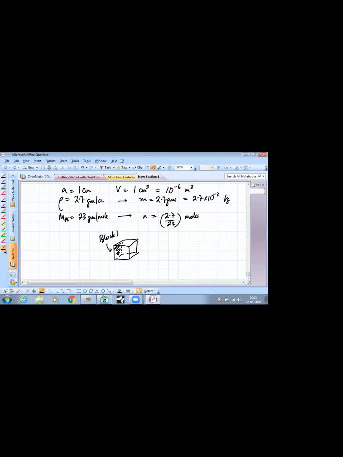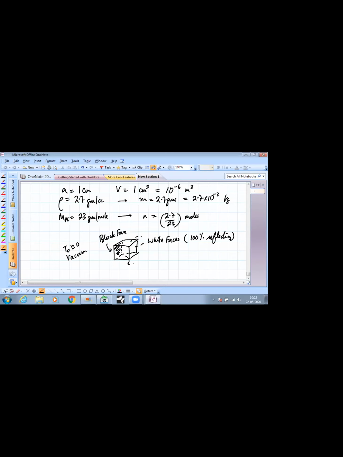So this is the black face, and the other 5 faces are all white faces, which are 100% reflecting. And outside the temperature is tending to 0, okay, and is vacuum.